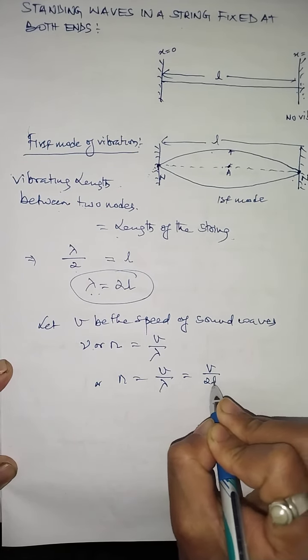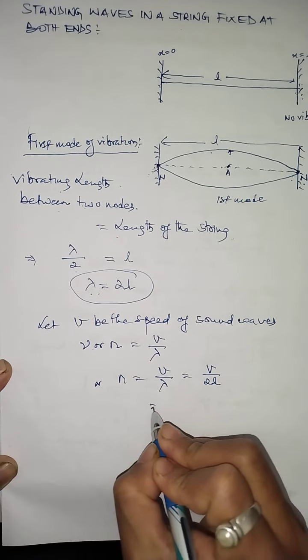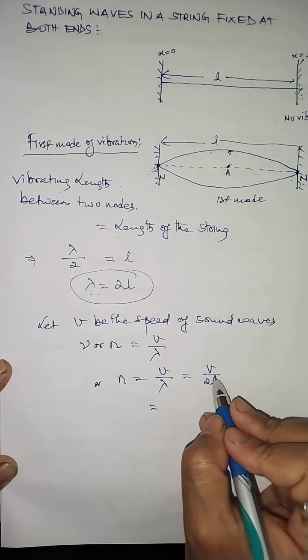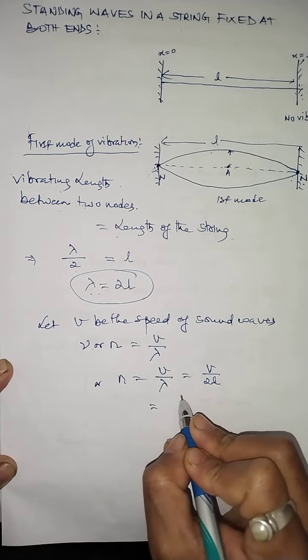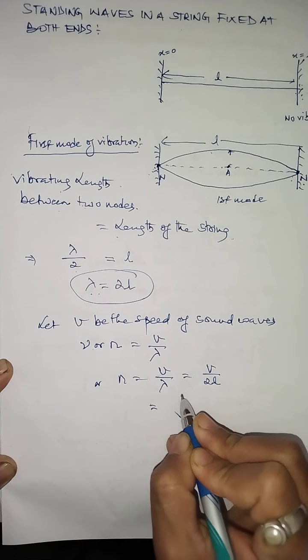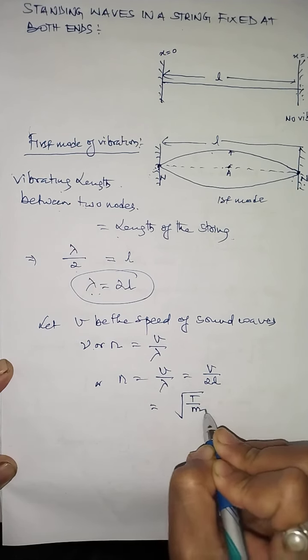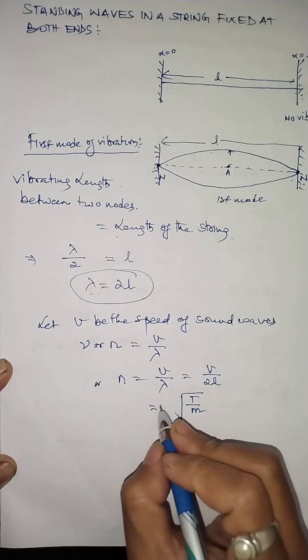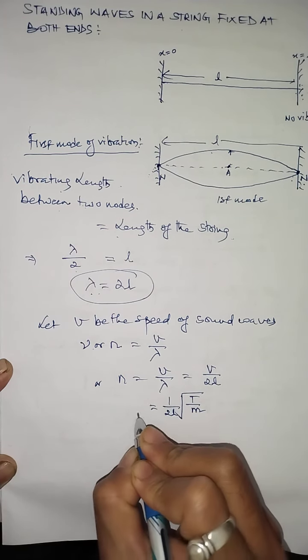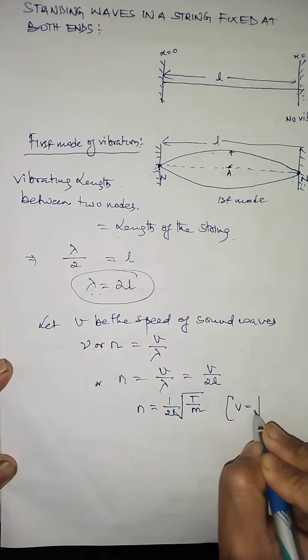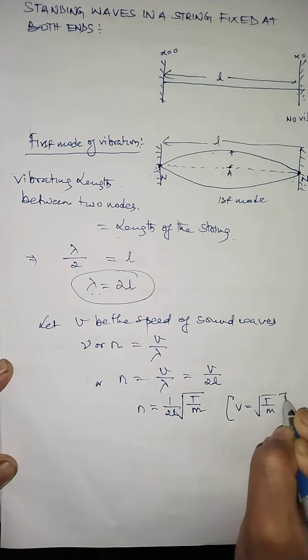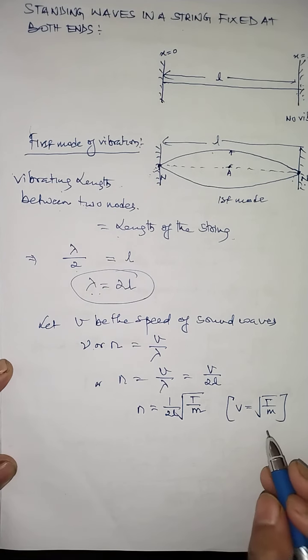Now v by lambda, where lambda is 2L. But you know that in a stretched string, the speed of the transverse wave or standing wave is given by the square root of T by M, multiplied by 1 by 2L. So look at the relations: I have replaced v by the square root of T by M, where T is the tension and M is the mass per unit length.